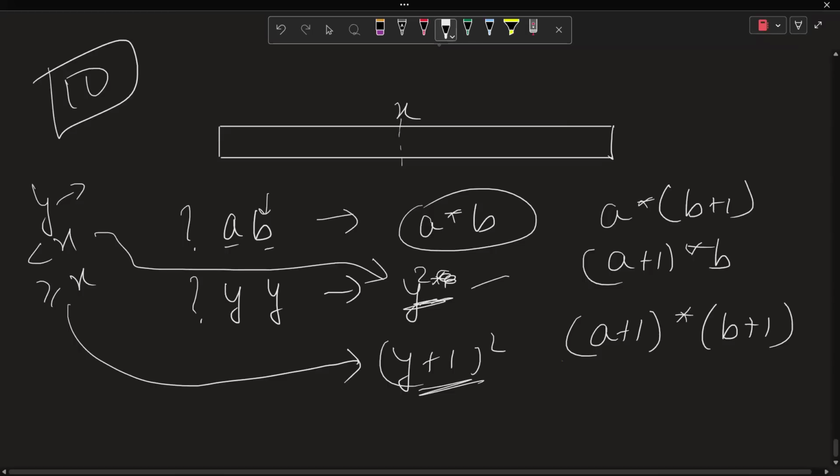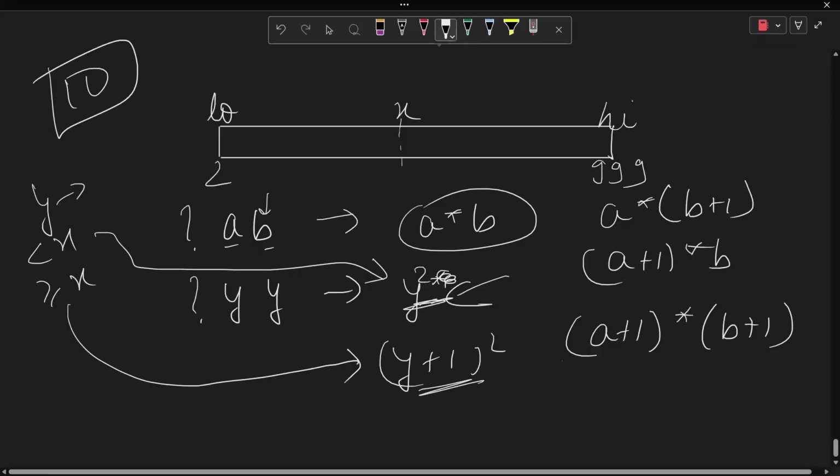If this Y is before X, we would change our range. Initially, our range for low and high was 2 to 999. Let's say we've got that this Y is before X. It's falling somewhere here, the mid value. This Y is basically the mid. Then we would transfer our range to low to Y plus 1, and we would start searching in this range.